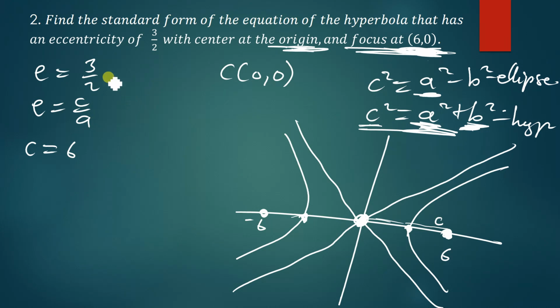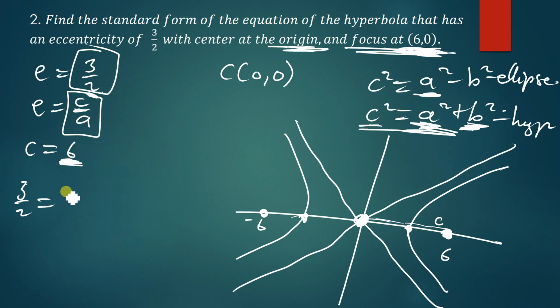Now the eccentricity has been given to be 3/2. So we say 3/2 is equal to c over a, as the formula for the eccentricity.